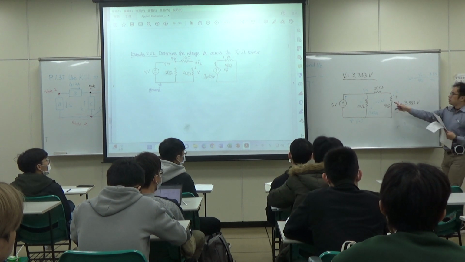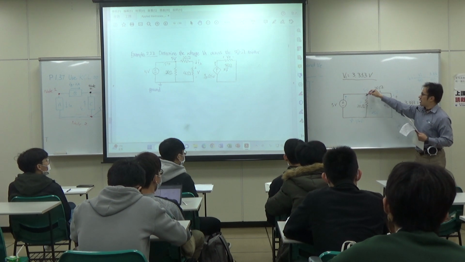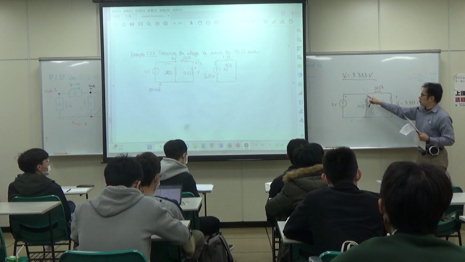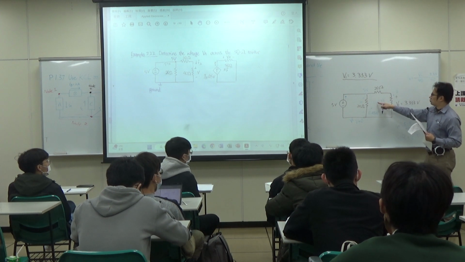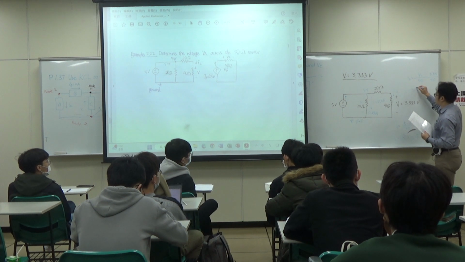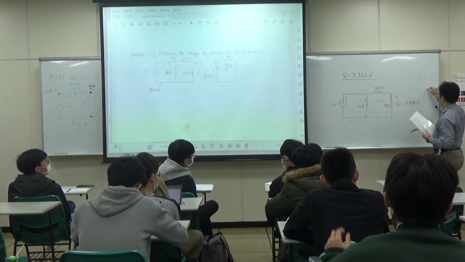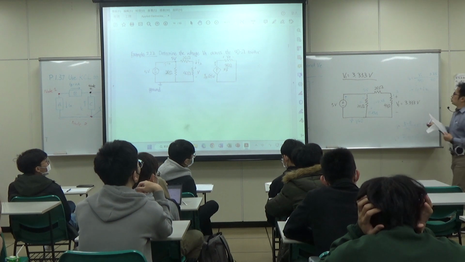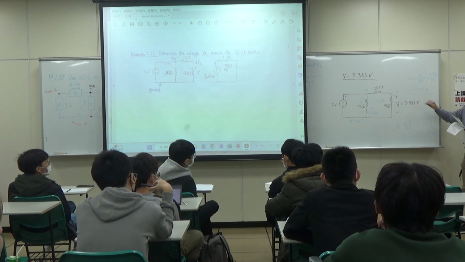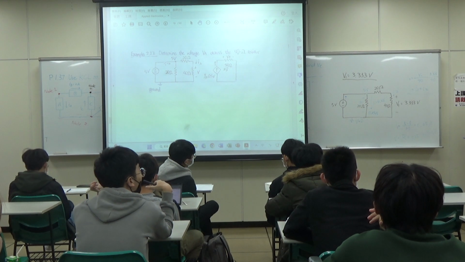Okay, and then you can apply KCL at this node. The current flowing into this node will be equal to the current flowing out from this node. So I equals I1 plus I2. I'm not going to calculate this. Please calculate it on your own and compare your result.